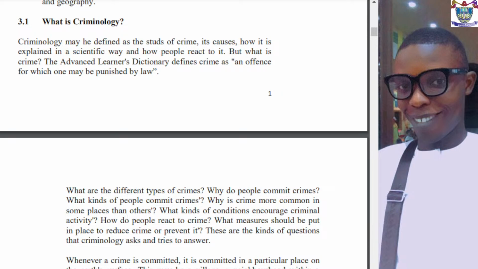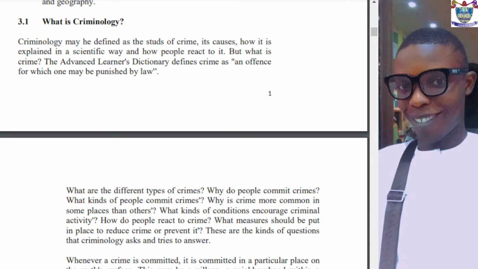But what is crime? The Advanced Learner's Dictionary defines crime as an offense for which one may be punished by law. Any offense for which you can be punished by law is what? Crime. So criminology studies crime, and it studies the causes of crime and explains them in a scientific way.